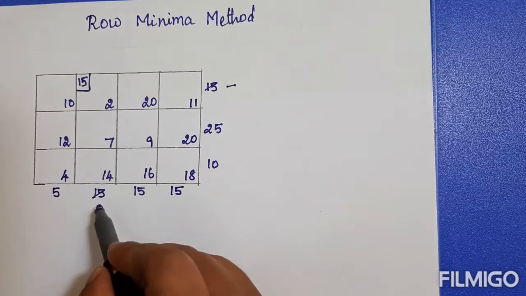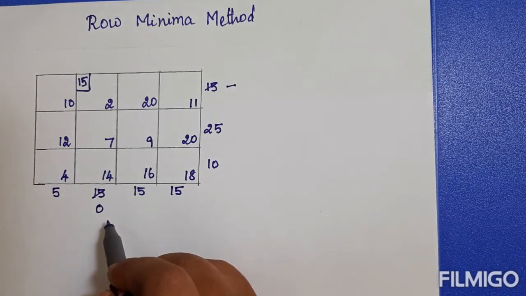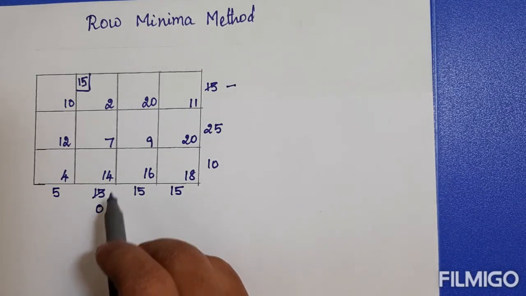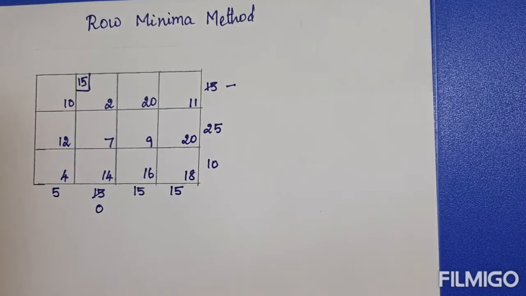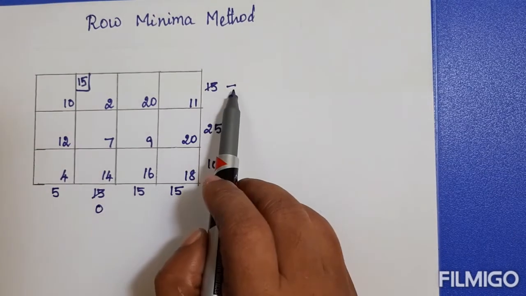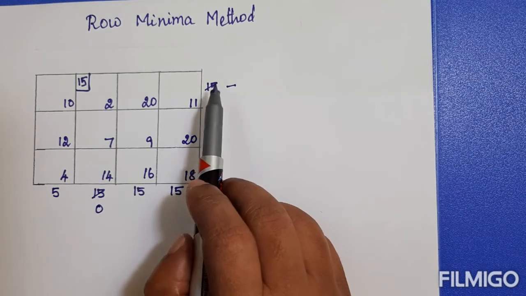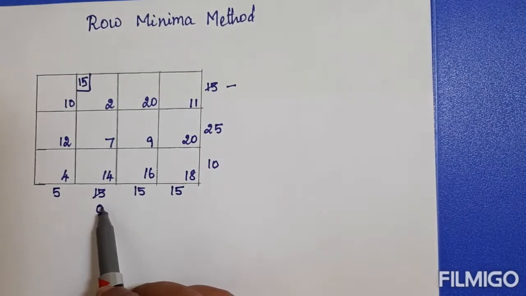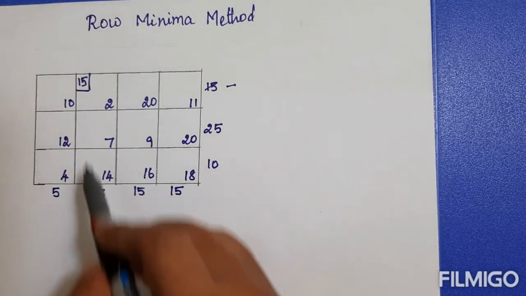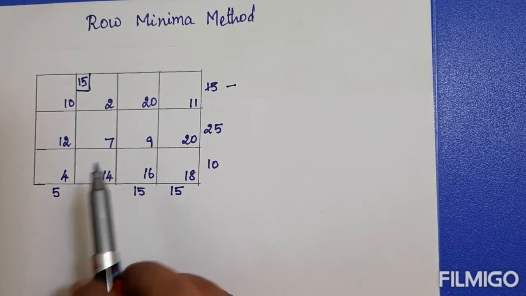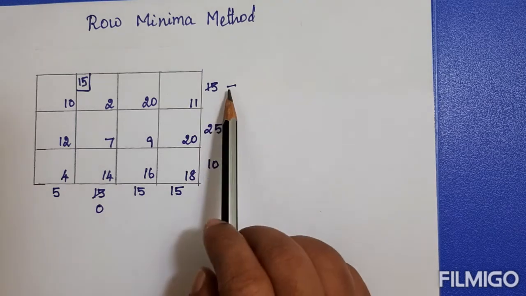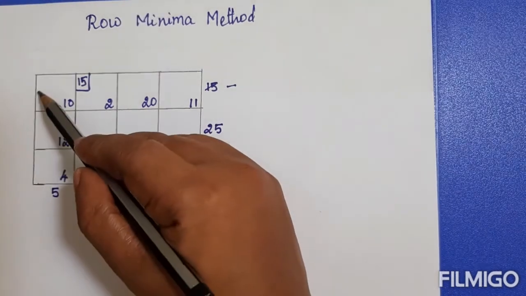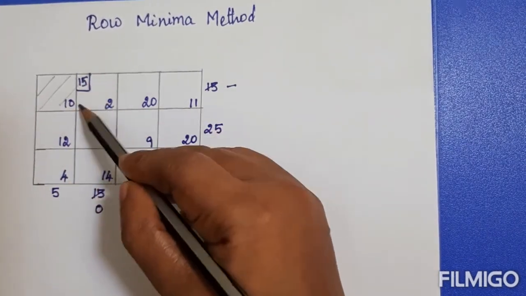Suppose if we make both of them exhausted, then it becomes degeneracy. So we mark either the row or the column as exhausted and the other one as 15 minus 15, that is 0. As this row is exhausted, I cross out this row.